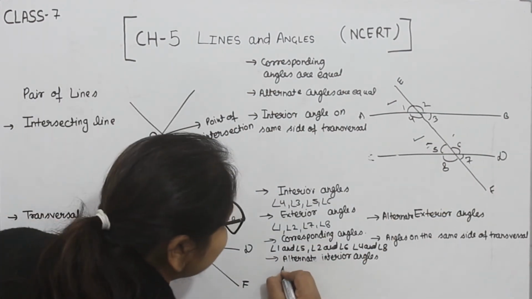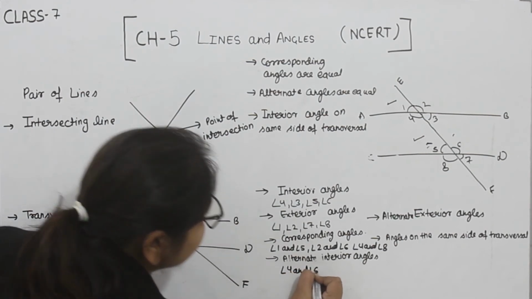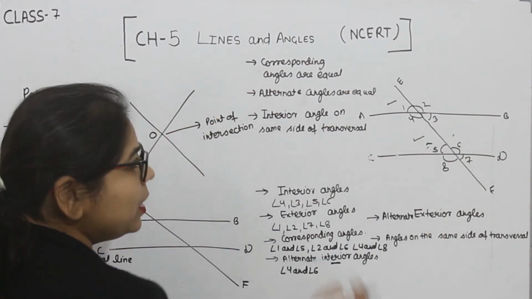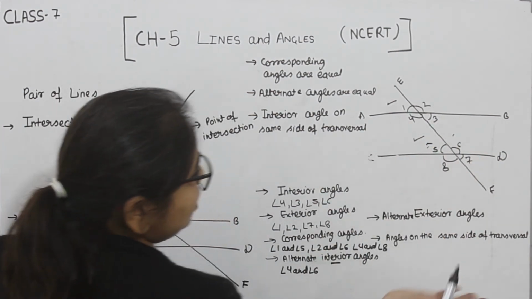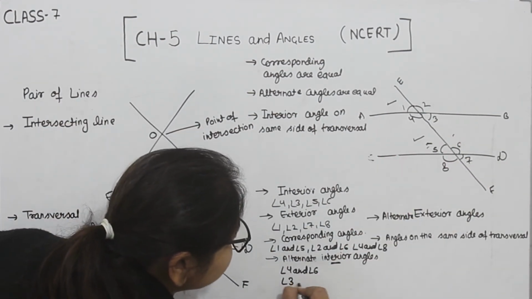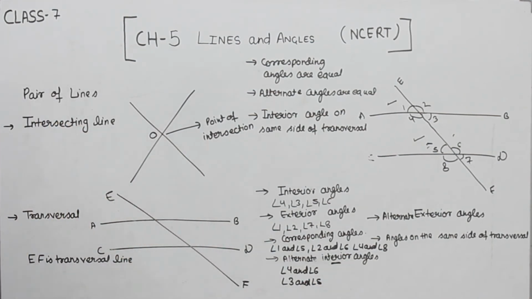Both are on the inner side of the figure and on the alternate side of each other. Same here, angle number 3 and angle number 5 are the alternate interior angles.